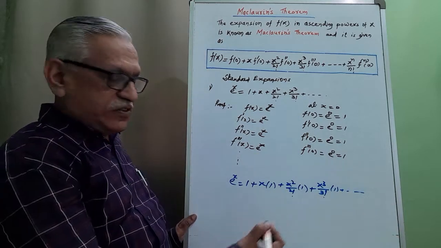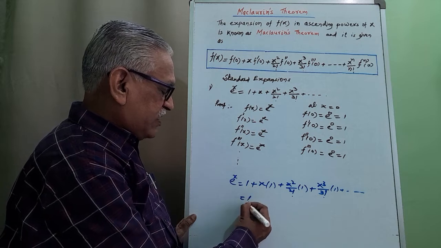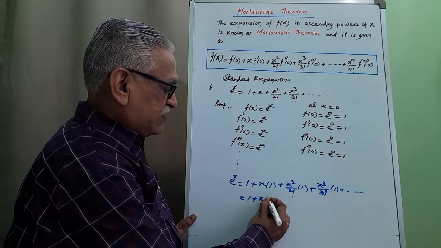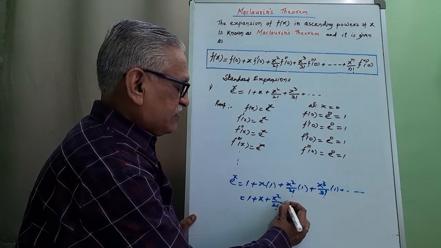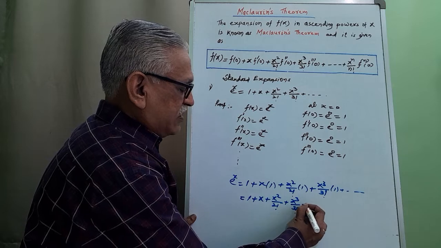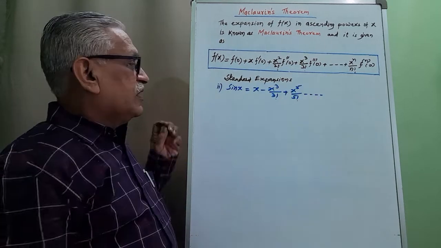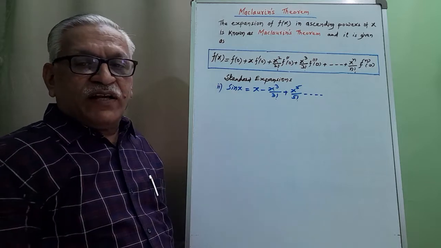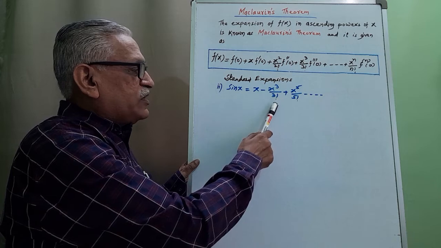And therefore we get the first standard series result for e raised to x as 1 plus x plus x square by 2 factorial plus x cube by 3 factorial and so on. A required result.